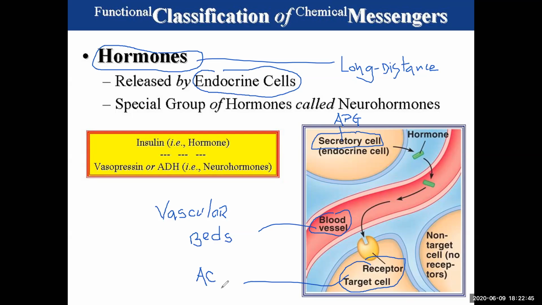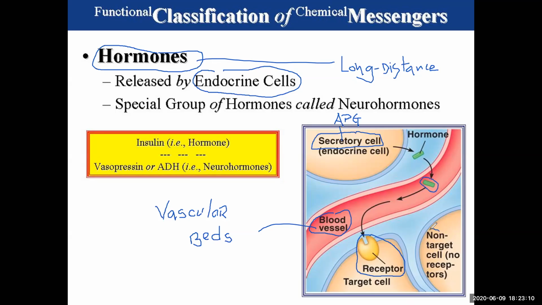Same thing: in order for the cell to respond, it needs to have a receptor, right? It takes two to tango here. If the target cell doesn't have the receptor, then the cell will not respond. Cells with a receptor will respond to the chemical messenger.